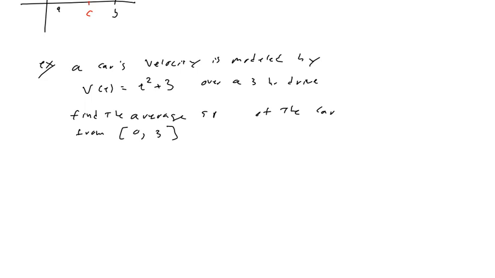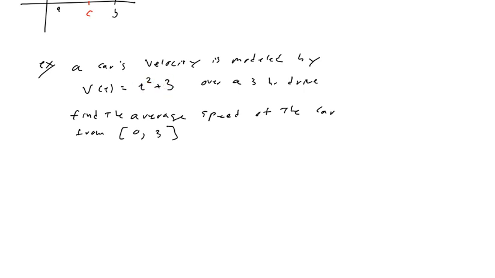The average speed of this car in that 3-hour window, from when it started driving to when it stopped driving. So we have this equation here. We could graph this equation and take a look at what it looks like and guesstimate what the average velocity might be.